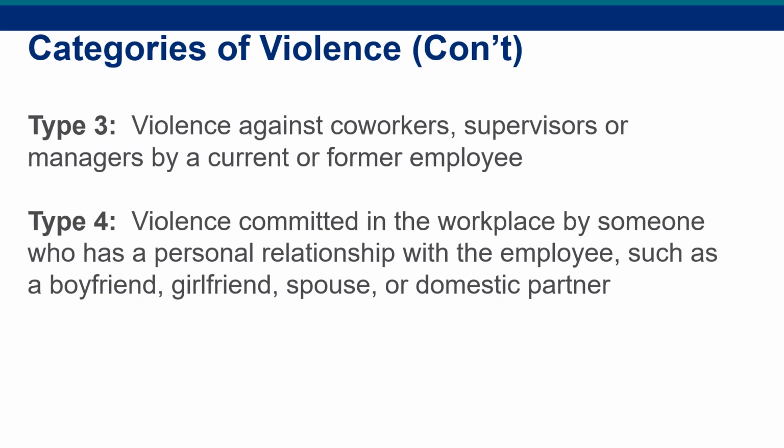Type 3: violence against coworkers, supervisors, or managers by a current or former employee. Type 4: violence committed in the workplace by someone who has a personal relationship with the employee, such as a boyfriend, girlfriend, spouse, or domestic partner.